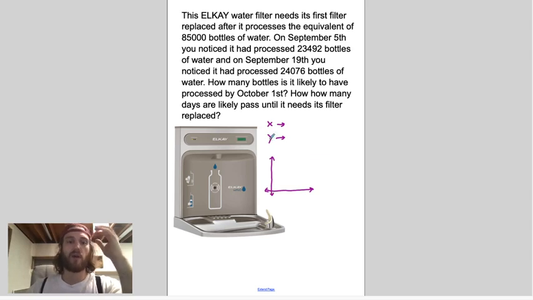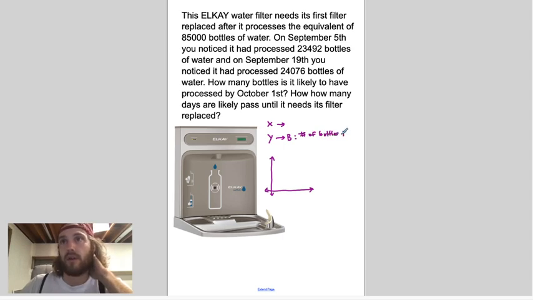So the thing that we are measuring here is the number of bottles of water that this has processed. So y is going to be, I'm going to use capital letter B to distinguish from lowercase b, the y-intercept. So I'm going to say capital letter B is equal to the number of bottles of water.